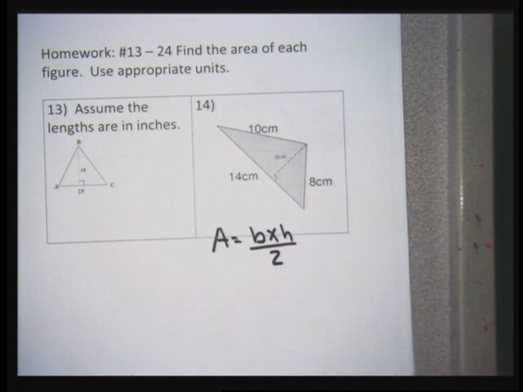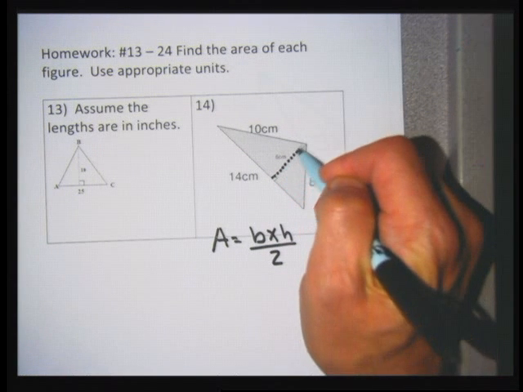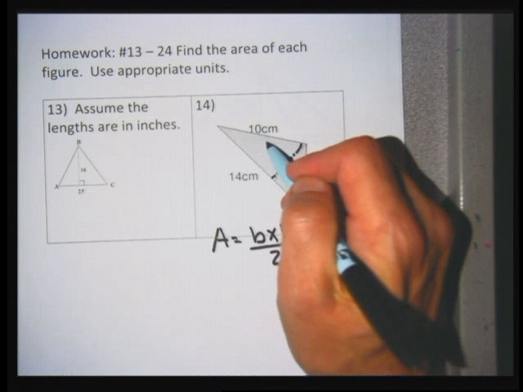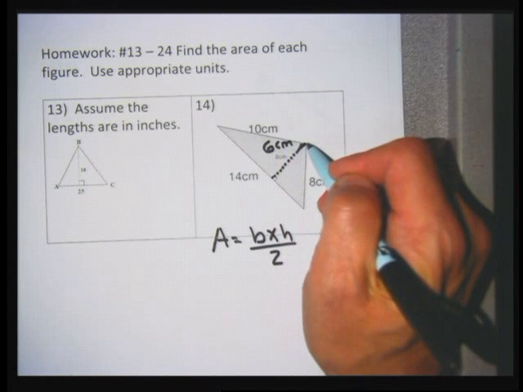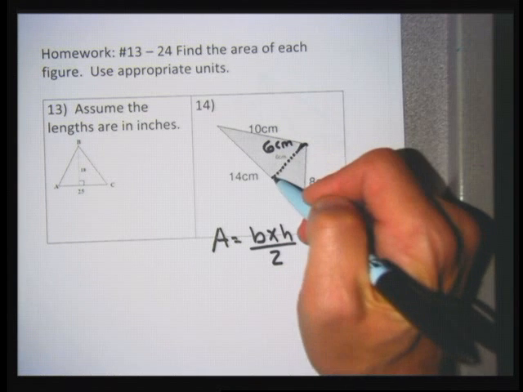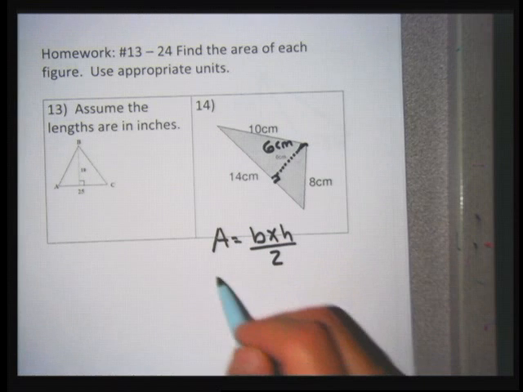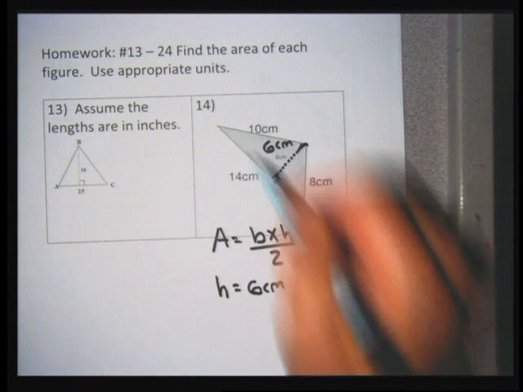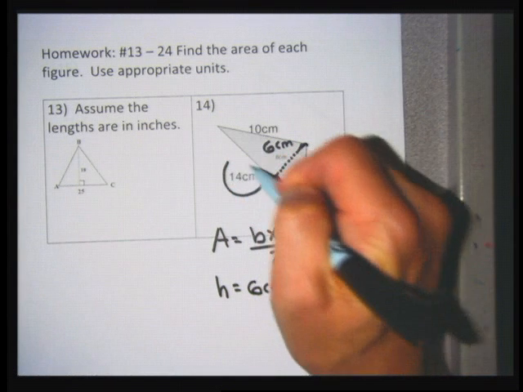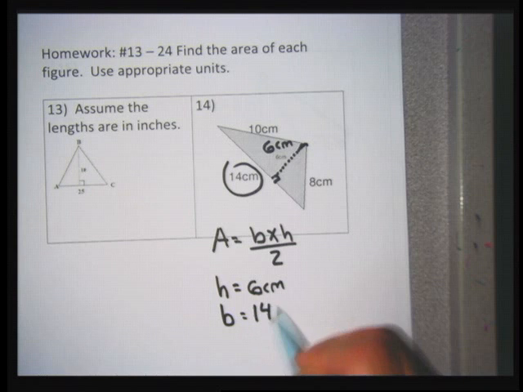And just like the height of parallelograms and trapezoids, a height is not part of the perimeter, but it's a length that goes from one of the vertices, or one of the corners of the triangle, to the opposite side and forms a right angle. So in my problem, the height is going to be 6 centimeters, and the base is always the side that the height connects to. So my base is going to be 14 centimeters.